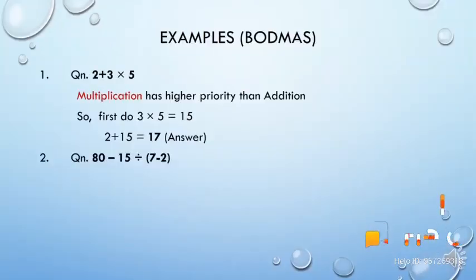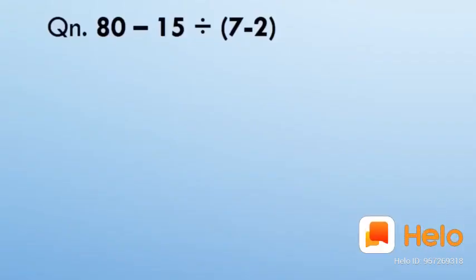The next problem is 80 minus 15 divided by 7 minus 2 in brackets. How can we do this problem? Which one will we do first? According to the BODMAS rule, again B, bracket has higher priority. So we have to do the operation within the brackets. That is 7 minus 2. We have to do 7 minus 2 first.